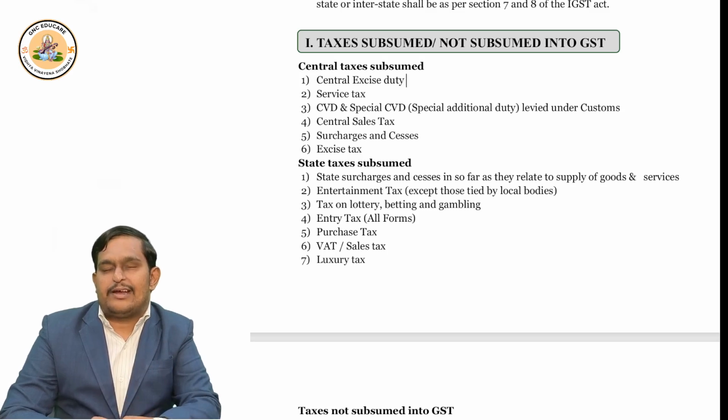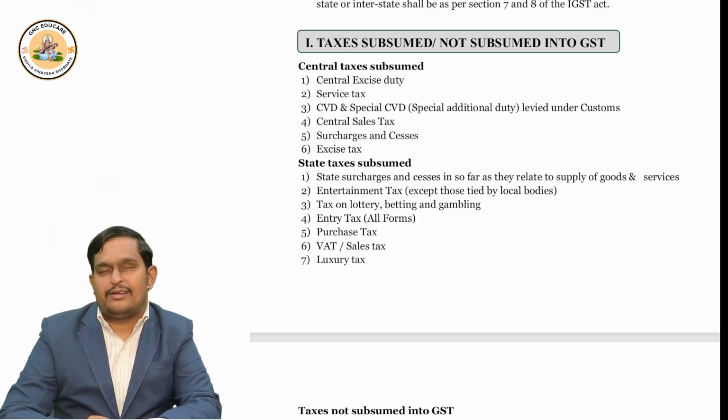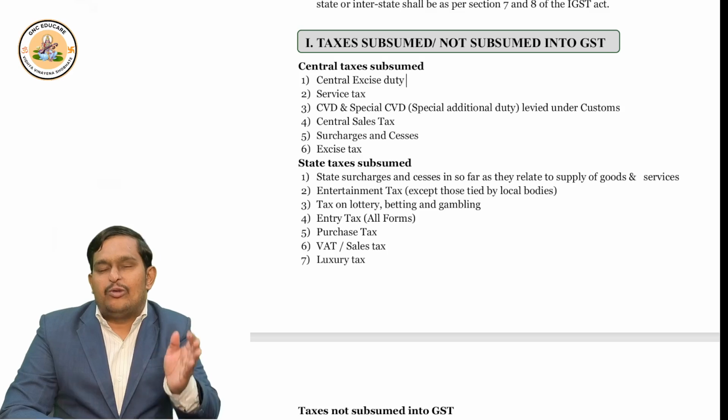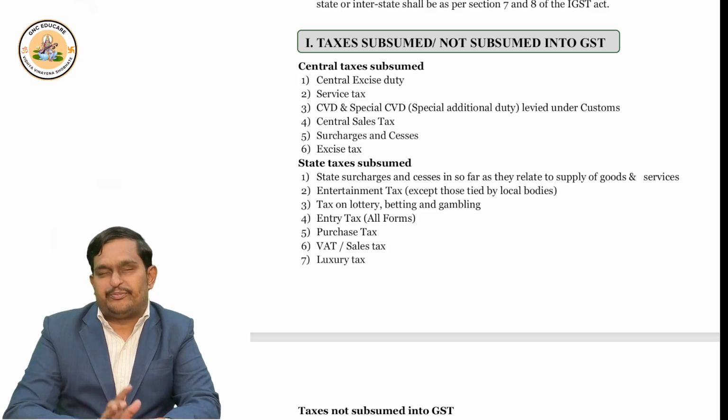Similarly, in the customs law, customs is related to import and export of goods into India. When we import goods from outside India, there is no excise duty because we are paying only customs duty. So, equivalent to the excise duty and the sales tax, they levied a countervailing duty and special countervailing duty.